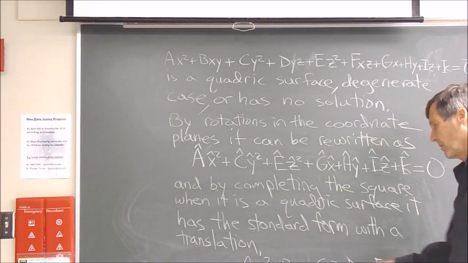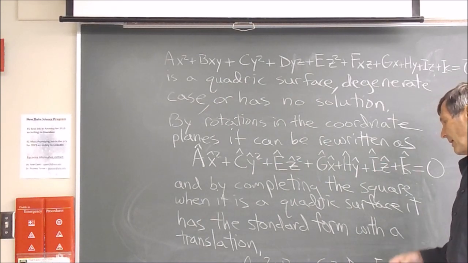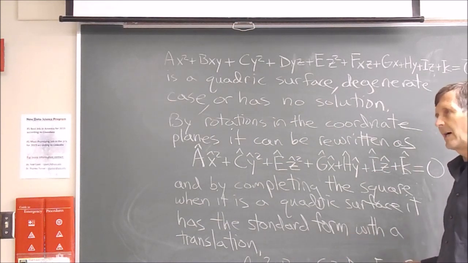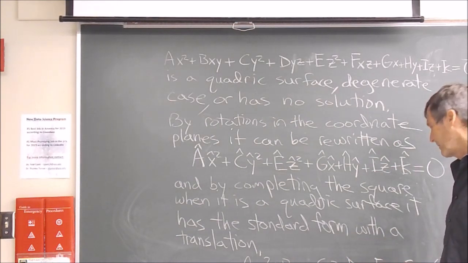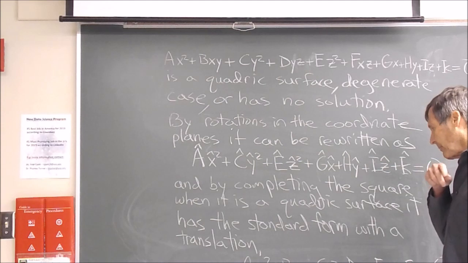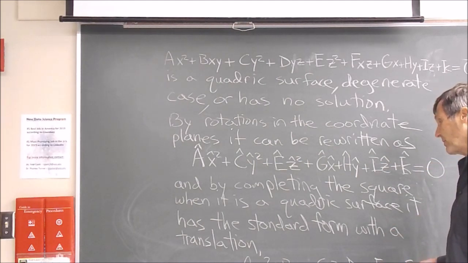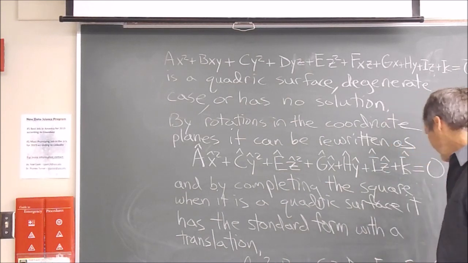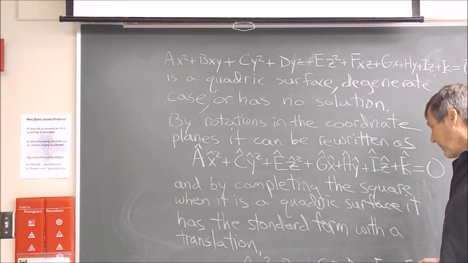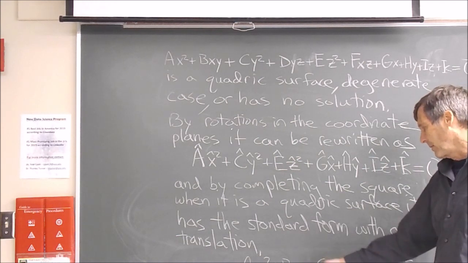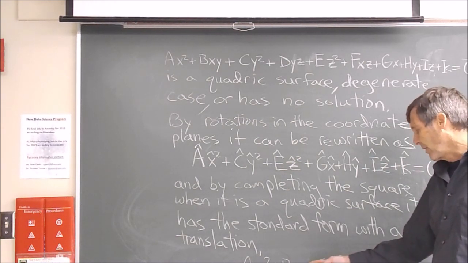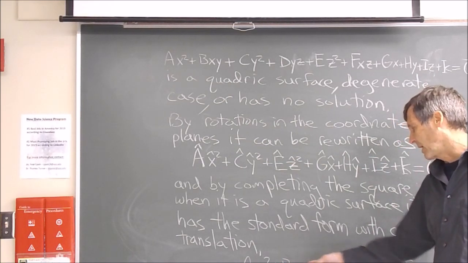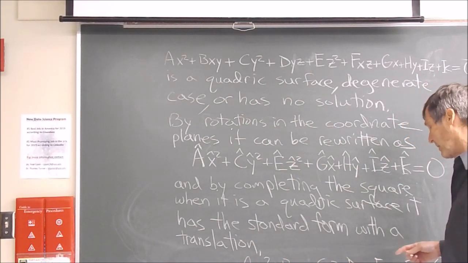Every equation of this form was either a conic section, a degenerate case, or had no solution. The degenerate cases were like lines, a pair of intersecting lines, a point. So this encompasses basically polynomials through second order equals 0. So they're very common kinds of equations. You just have this kind of equation, and then you can do a rotation in the plane to get rid of this term here, remember, and then it becomes a conic section in standard form by completing the square.